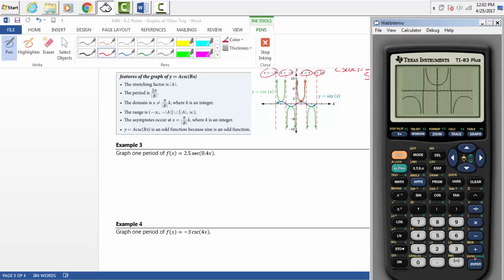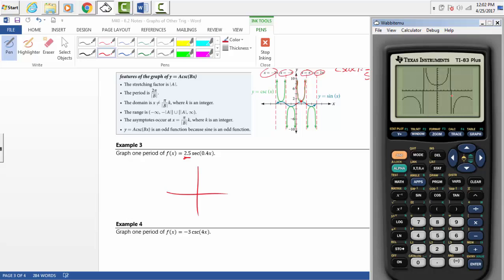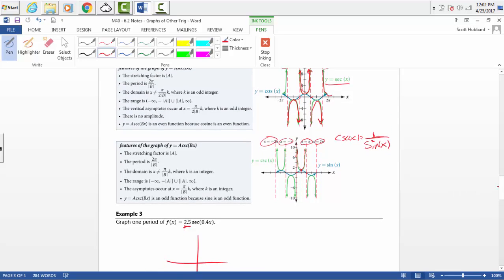Okay. The smallest it gets is 2.5, and that comes from this. That's the smallest it can get. And it does shoot off to infinity, so when you have this graph, we can work out what those vertical asymptotes are according to this formula.